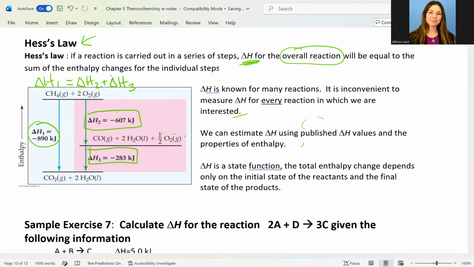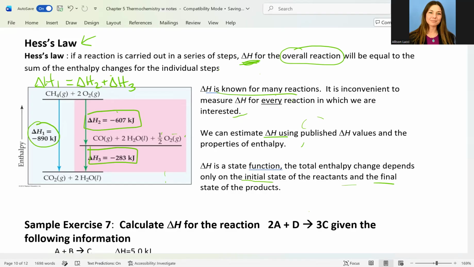So we can estimate delta H values using published enthalpy change values that are known for many reactions. This is convenient because we know that delta H is a state function and our total enthalpy change depends only on the initial state of the reactants and the final state of the products.